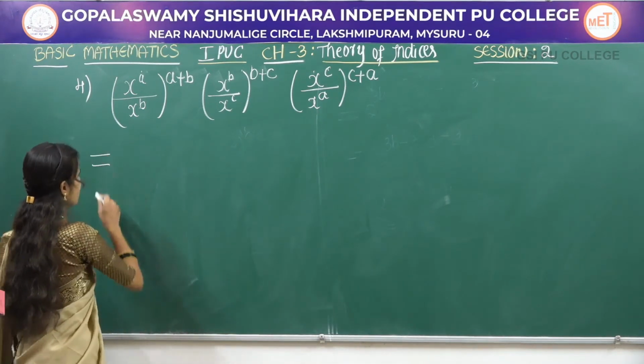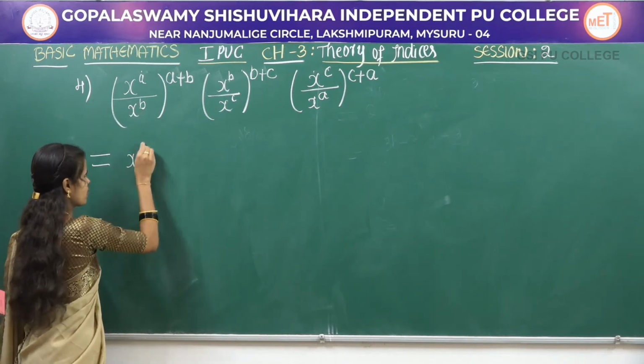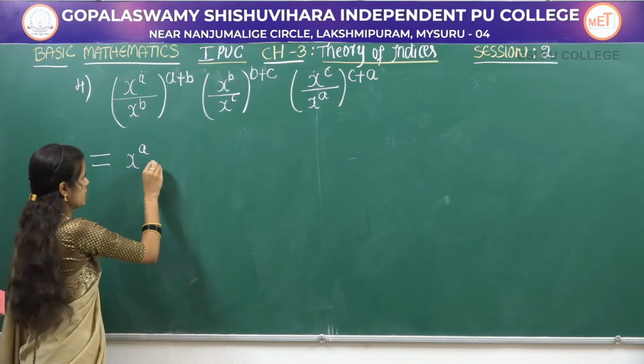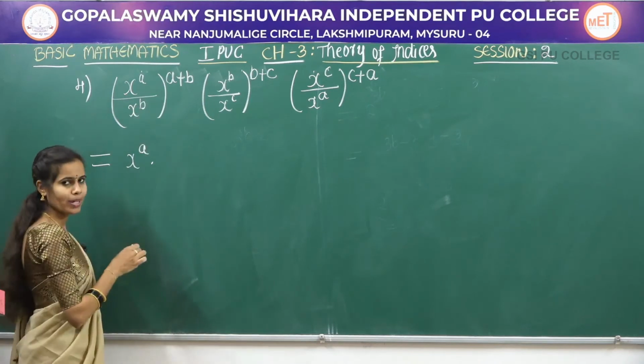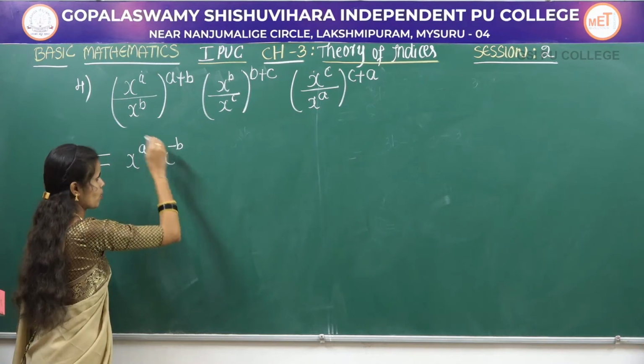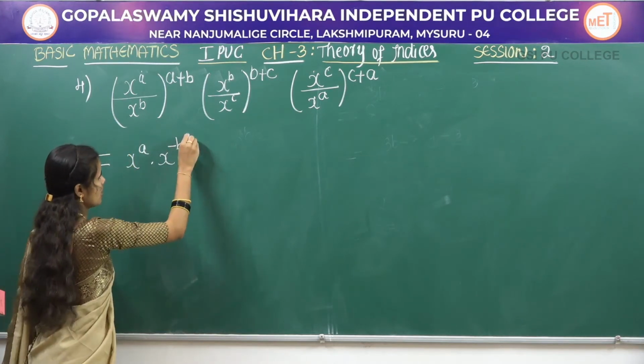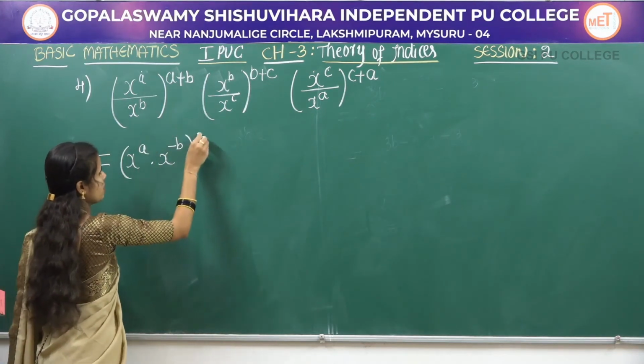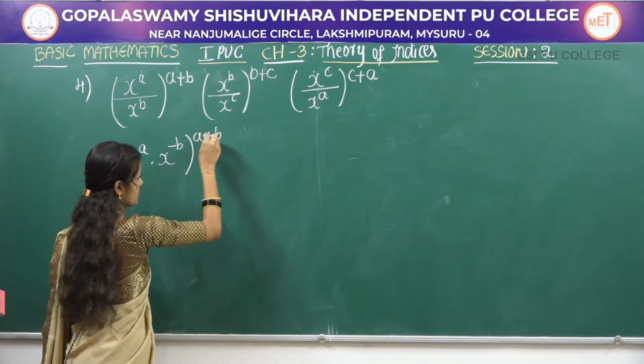Okay, now simplify. Here x to the power of a, write as it is, into, take this term into numerator. So it becomes x to the power of minus b, x to the power of plus b becomes x to the power of minus b whole to the power of a plus b, as it is.